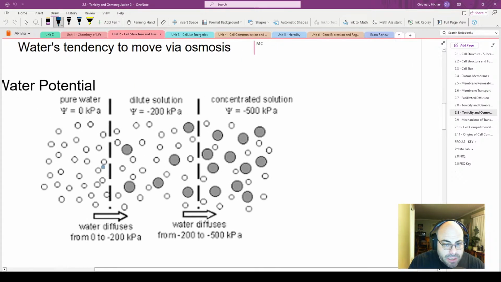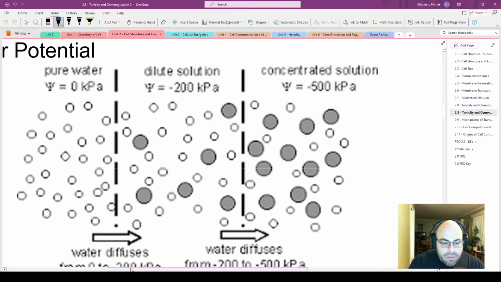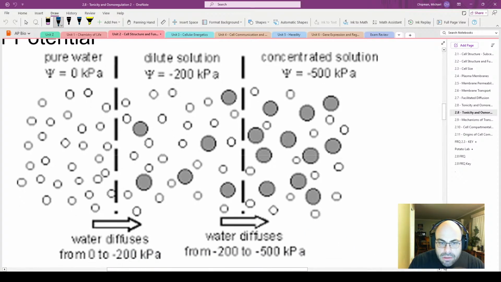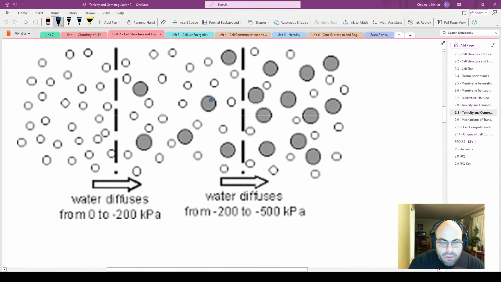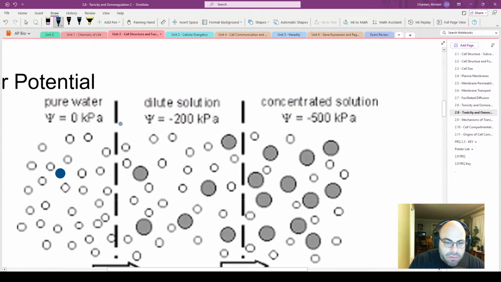So if we look at this particular picture without looking at the numbers, the solute is gray dots and the water is white dots. Which side of this membrane is hypotonic? This is hypotonic right here, right? And the inside is hypertonic because it's got more solute. So where's water going to want to go? It's going to go from left to right, or hypo to hyper. Well, how can we translate that into these numbers? What number's higher, 0 or negative 200?